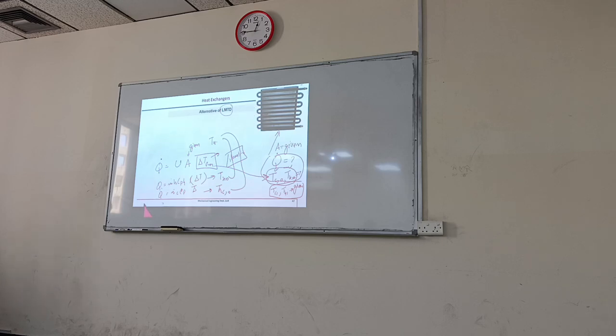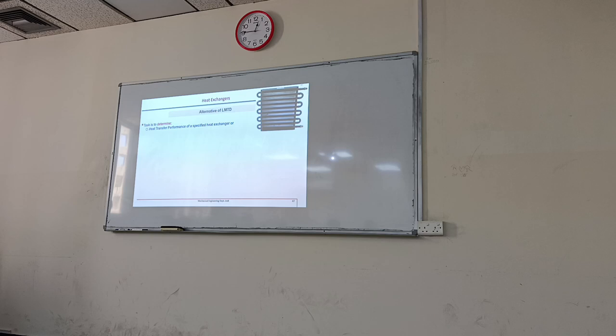But we have another method, and this other method is a very powerful concept, based on mathematical derivations. Because now the task is to find out the unknown heat transfer when the area is given. So this is the second kind of heat exchanger problem.